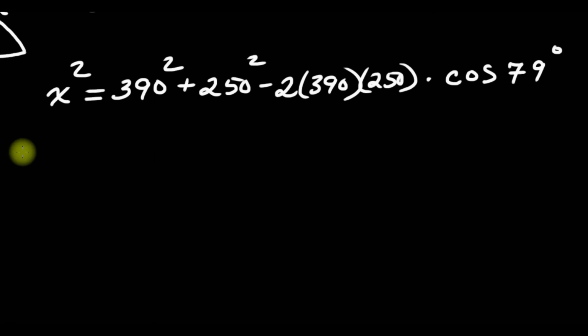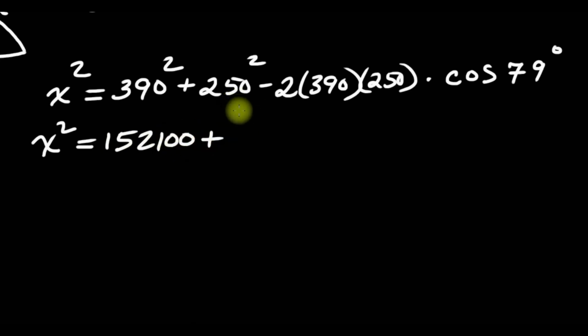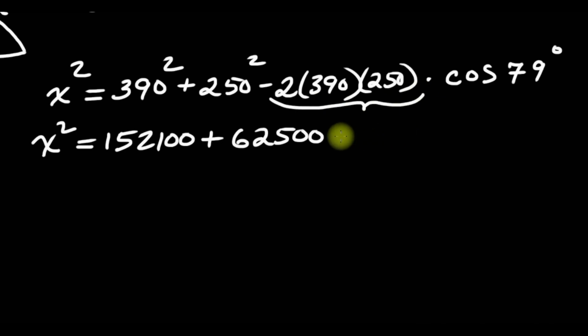So to solve for x here, that's going to give us the length of the West Avenue section. So x squared is, 390 squared is going to be 152,100 plus 250 squared, that's going to be 62,500. And then we've got to multiply these three numbers, and that is going to give us 19,500, and then times cosine 79 degrees.